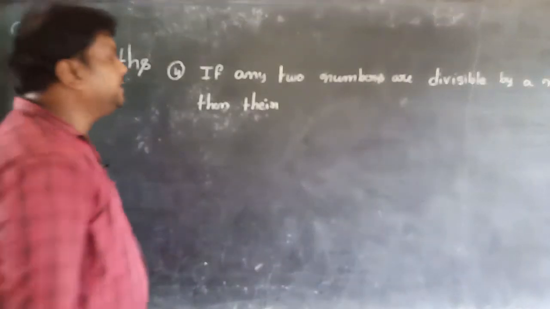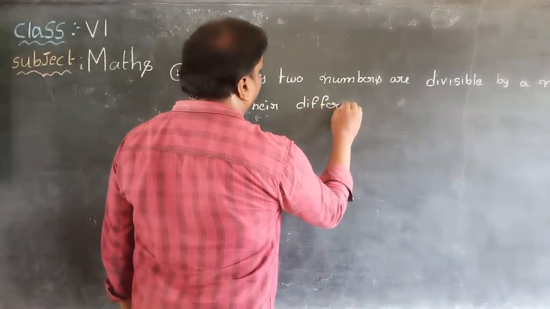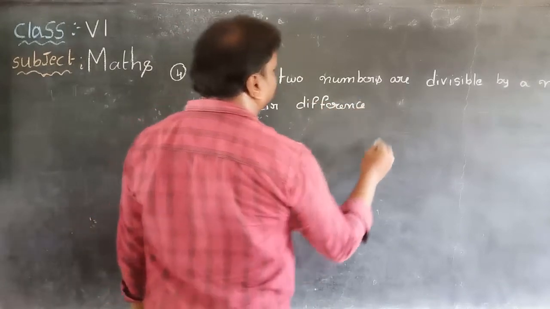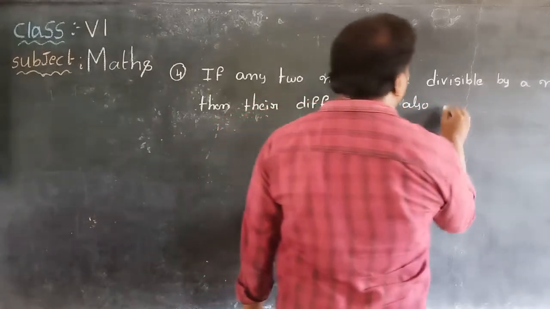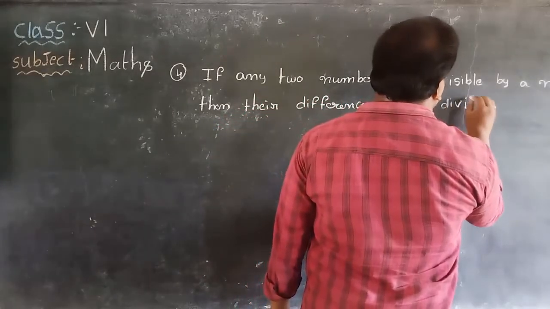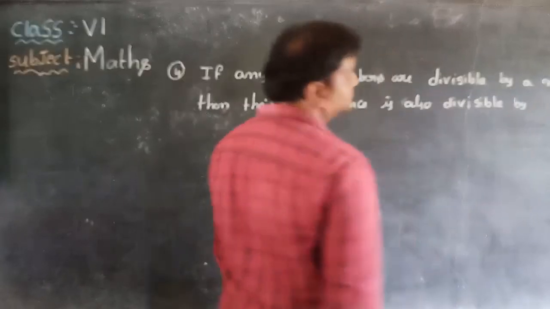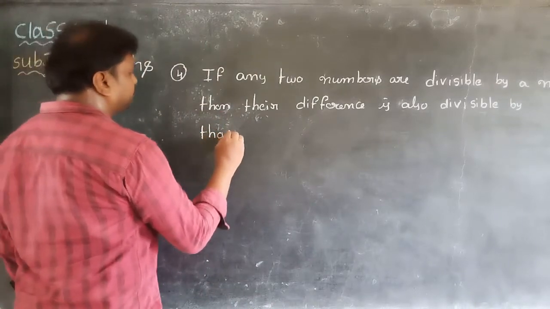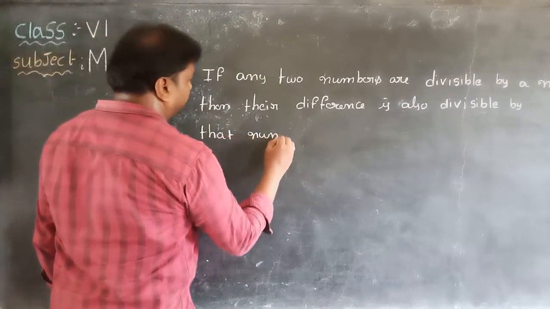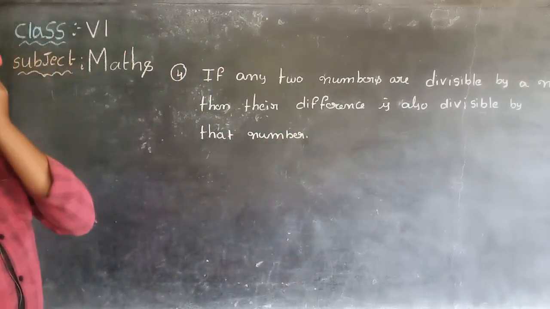Now for rule number 4 we will take their difference, which is also divisible by that particular number. We'll take the same example.